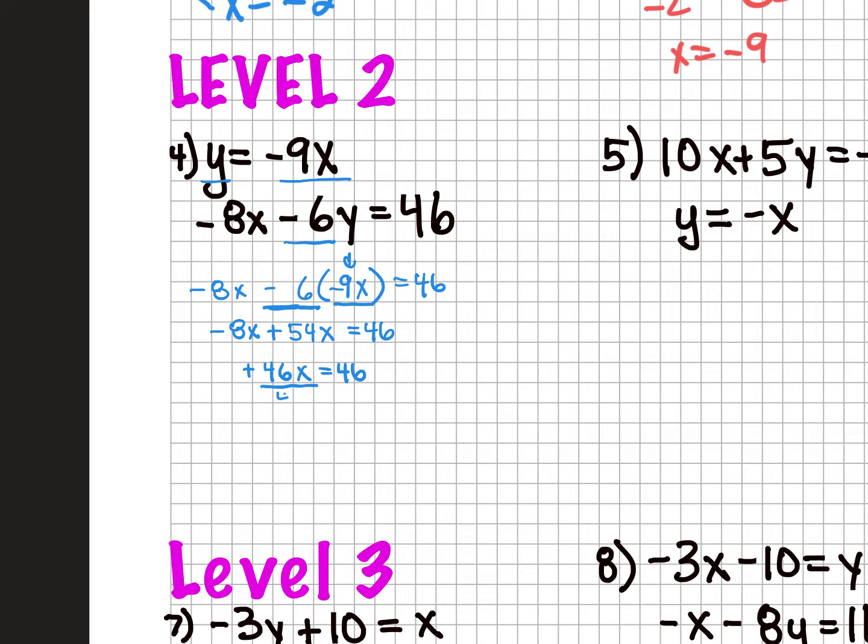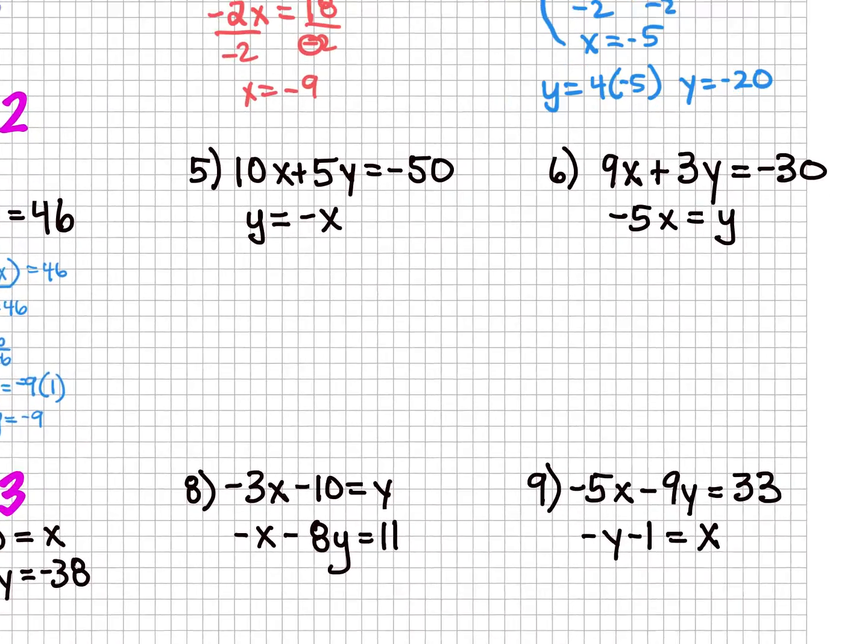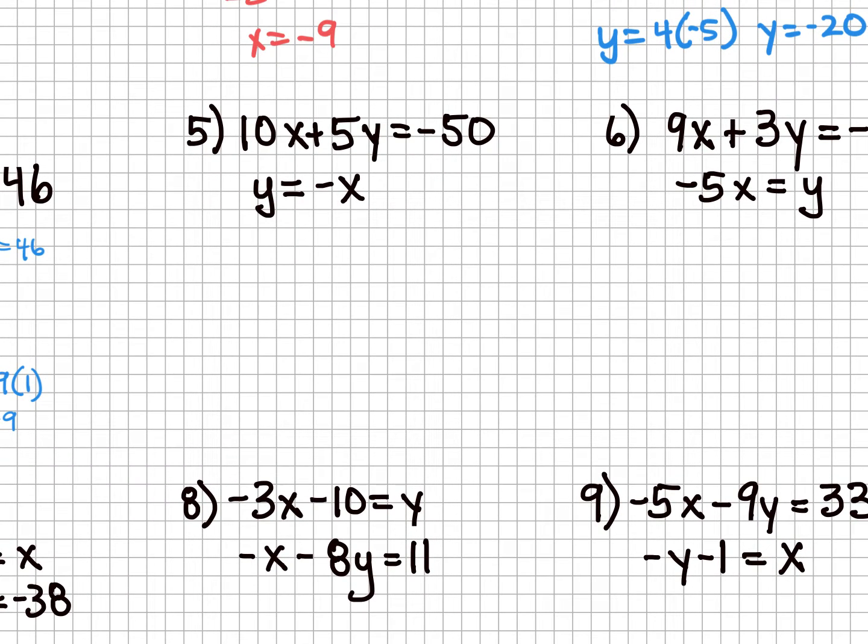Lucky for us, divide by 46. X equals 1, so I can use that to plug in up here. So y equals negative 9 times 1. Y equals negative 9.